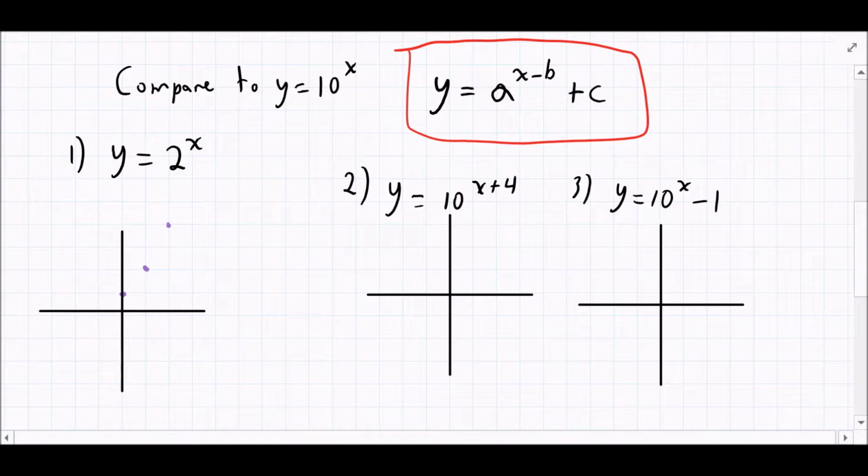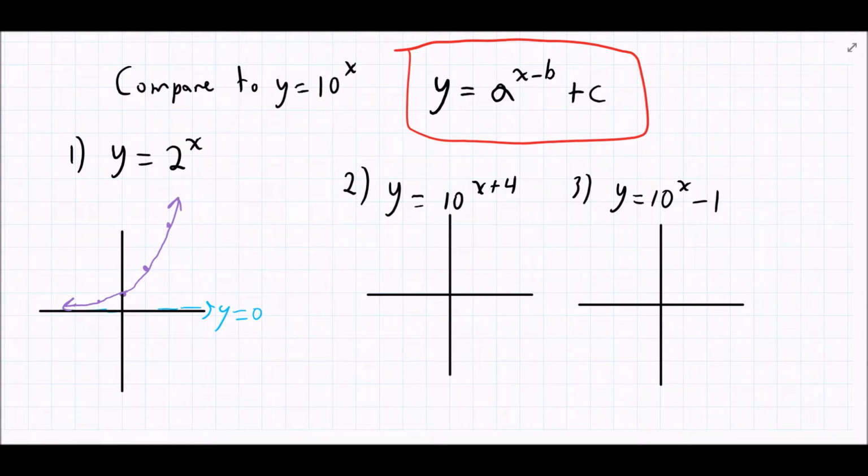On the other side, 2 to the power of negative 1 is a half. And then negative 2 would be a quarter, and so on. So it's getting bigger this way and then getting smaller this way, with our asymptote still at y equals 0.